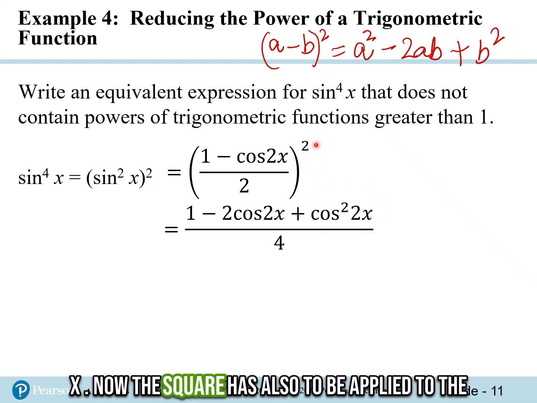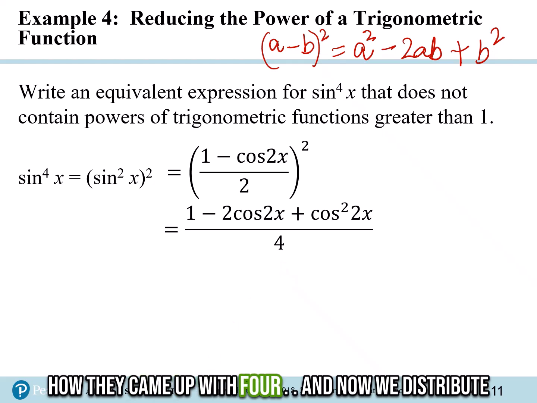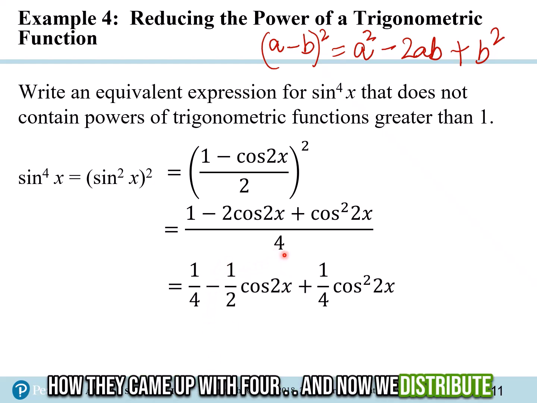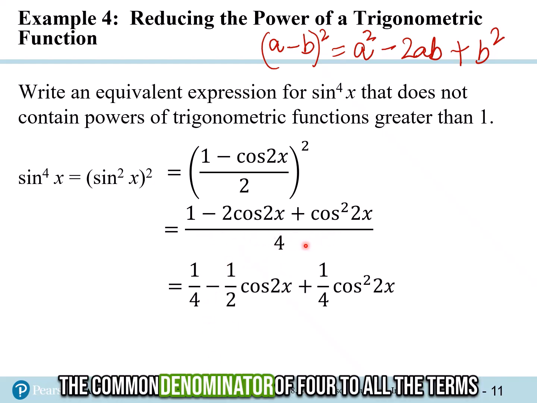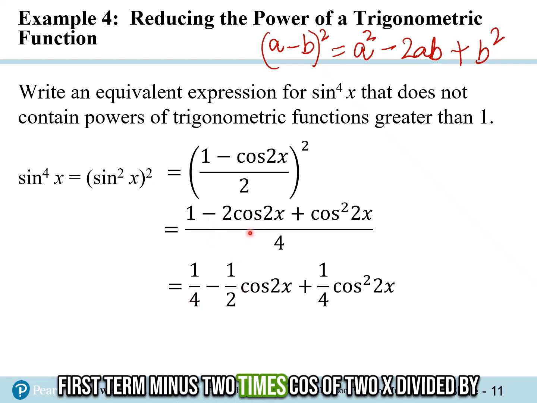Now the square has also to be applied to the denominator. So 2 squared is a 4, and that's how they came up with 4. And now we distribute the common denominator of 4 to all the terms and separate them. So we have 1/4 for the first term minus 2 times cos of 2x divided by 4.